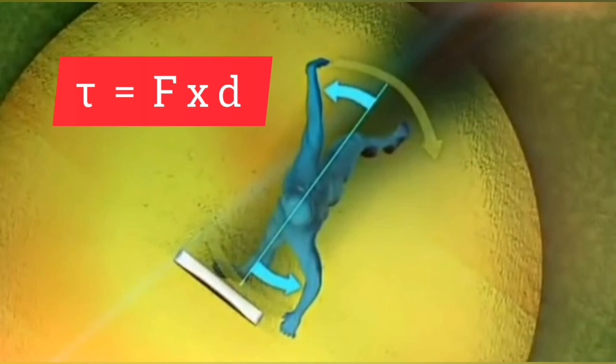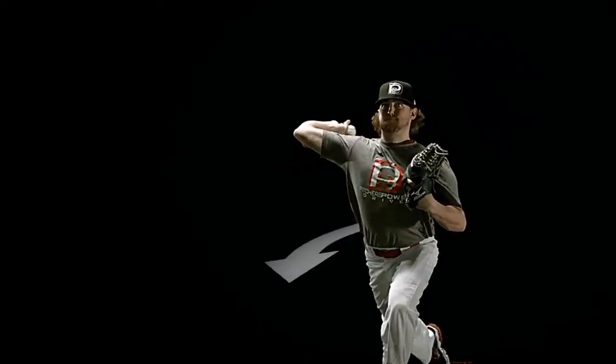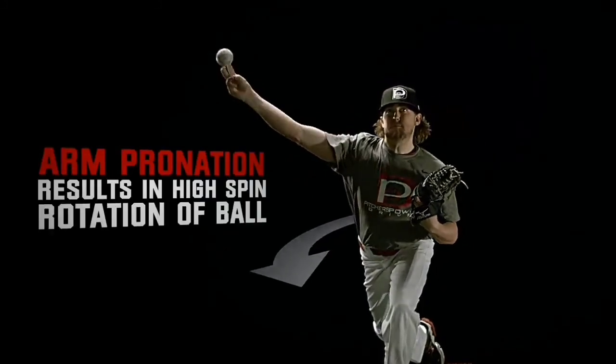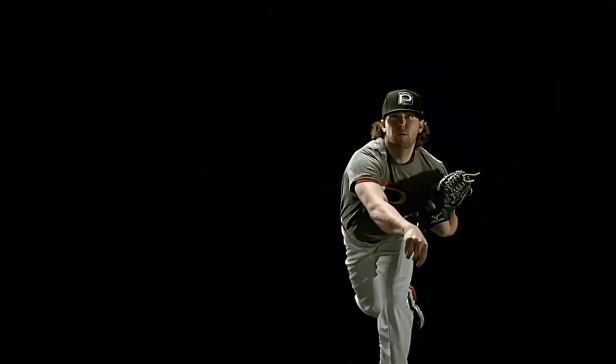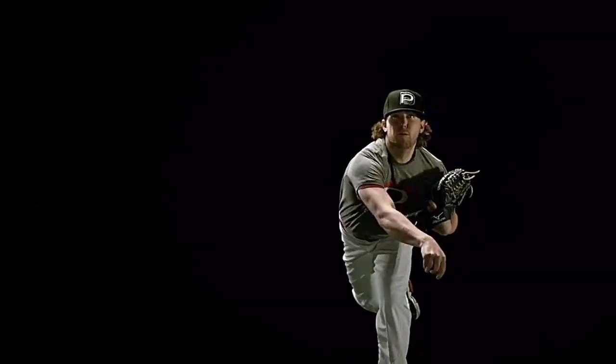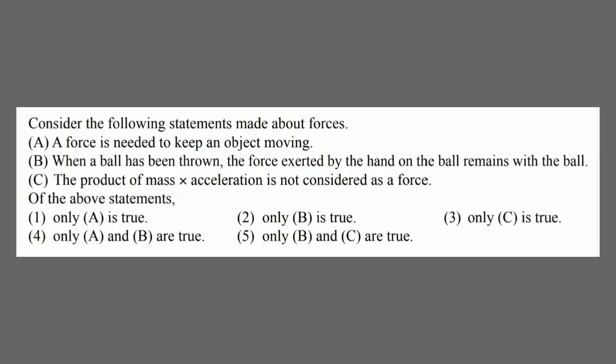The perpendicular distance is limited. If there is a massive swing, there is a massive torque that will create a massive force on the ball, which enables the ball to get a higher kinetic energy within a short period of time. When the ball is released, the force is no more, but the kinetic energy remains, which enables a motion for the ball. So we have gone through a detailed explanation for statement B.